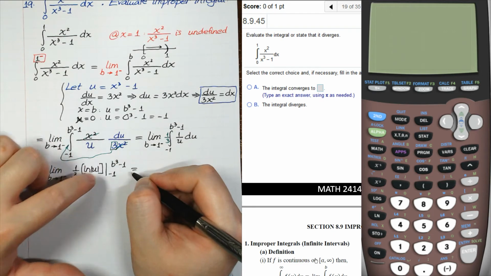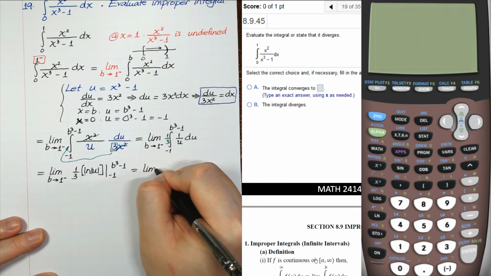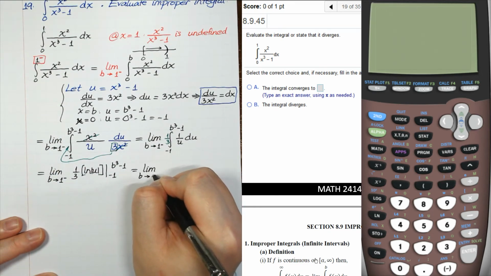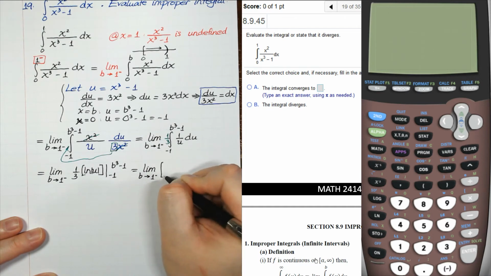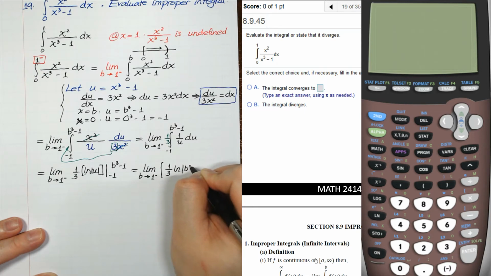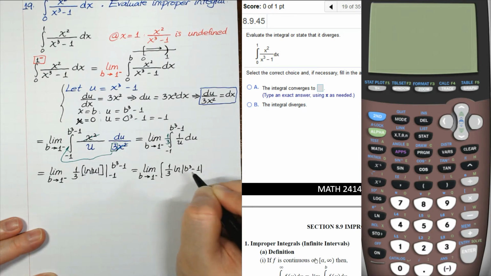Right, put those in here. One third ln of b cubed minus 1.